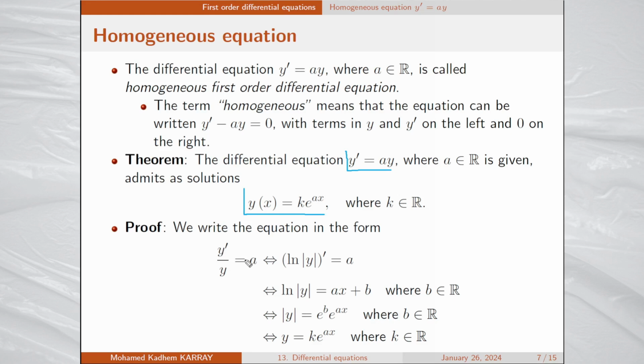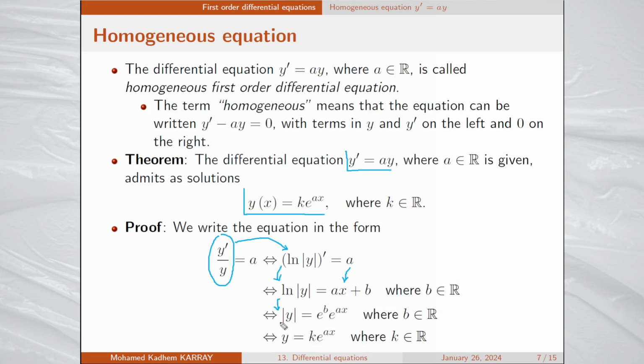Firstly, we write the equation in the form y prime divided by y equals a, and we know that y prime divided by y is the derivative of logarithm of absolute value of y. So we take now the primitive of this, and we get logarithm of absolute value of y equals ax plus b, where ax plus b is a primitive of a. Then we take the exponential, and we get that absolute value of y equals exponential of b multiplied by exponential ax.